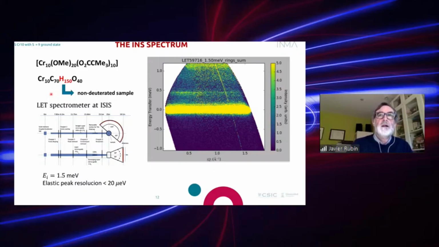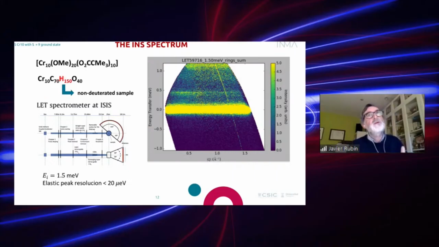This has a high resolution. Actually, we measured with an incident energy of 1.5 millielectronvolt, and we can get an elastic resolution which is better than 20 microelectronvolt. So what we want to see is low energy peaks.